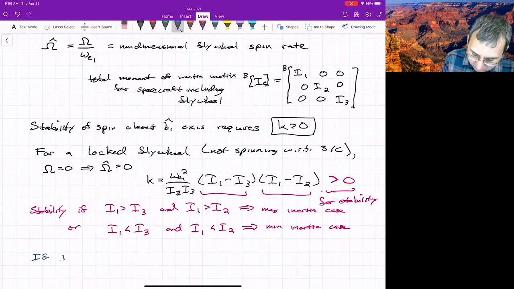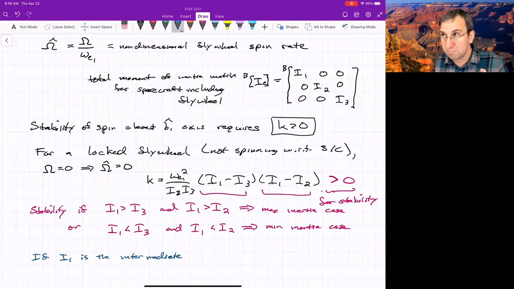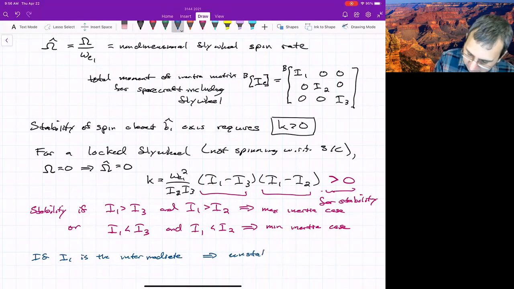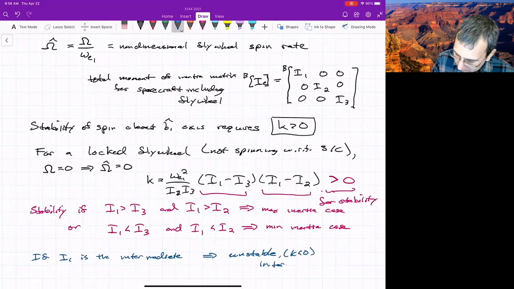If I1 is the intermediate, meaning it's between I3 and I2, let me just say unstable, like K is less than 0, and that's the intermediate inertia case.